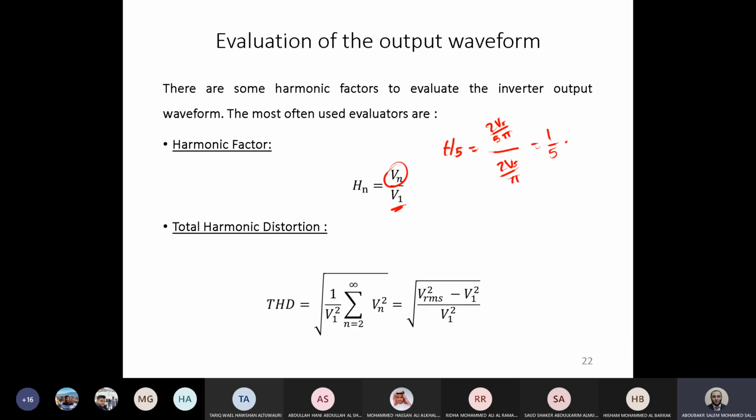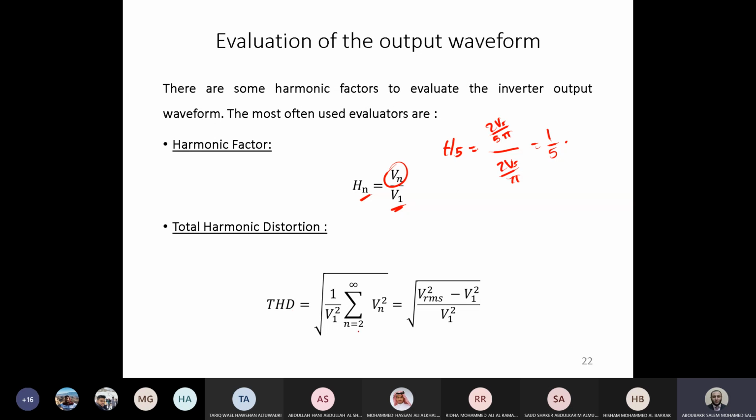Now, is the harmonic factor sufficient to say this waveform is good or not? Actually, it's not enough. We need not only certain harmonic orders, we need all of the harmonic orders in the waveform. So we have another factor called total harmonic distortion. Total harmonic distortion now will collect all of the harmonics within the waveform.